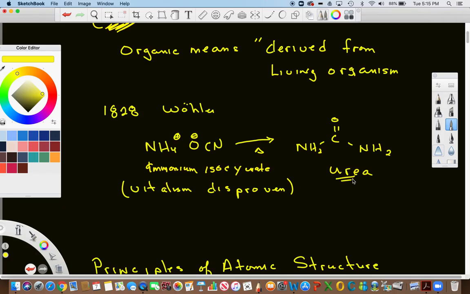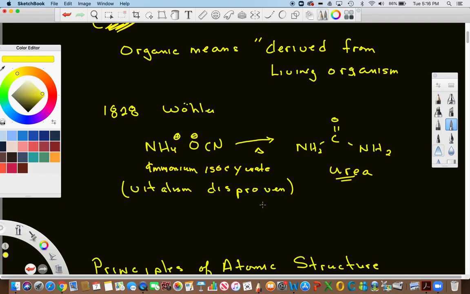And urea is an organic compound. So vitalism was disproven at this point in time, that organic compounds do not have to be from living organisms.